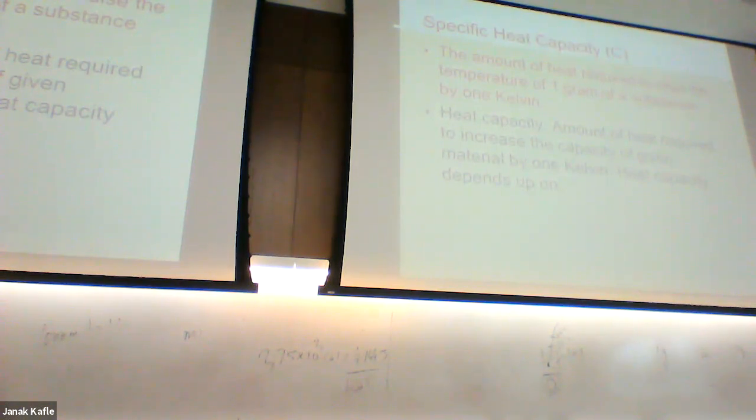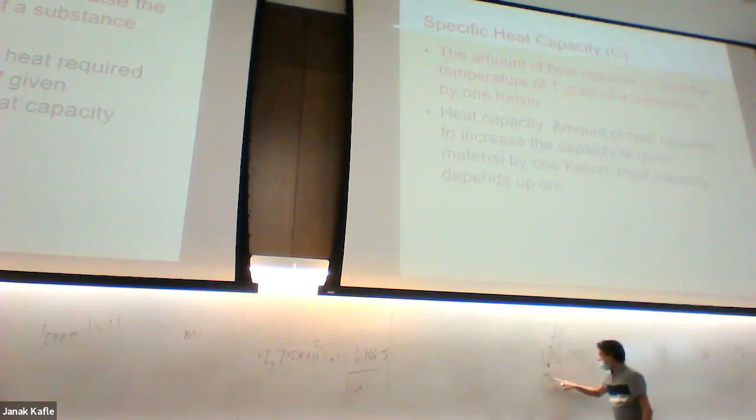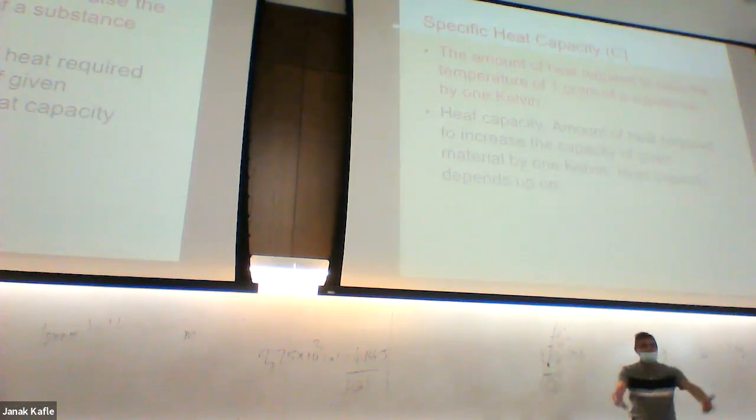Make sense? So we need to take 1 kg of water, and then we need to put that in the oven, and we need to put a thermometer there. And if the thermometer says 22, it's heating here, and from 22, my temperature goes 1 degree up, right? So how much heat energy does it absorb, if this water absorbs from here to here, to change the temperature from 22 to 23, that amount of heat is called specific heat capacity.